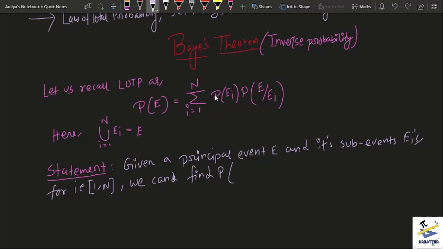So in the statement of the law of total probability, we were able to calculate the probability of the event E given a certain event Ei, right?